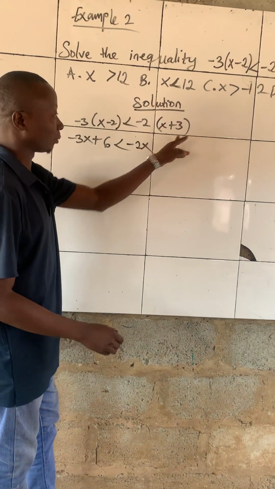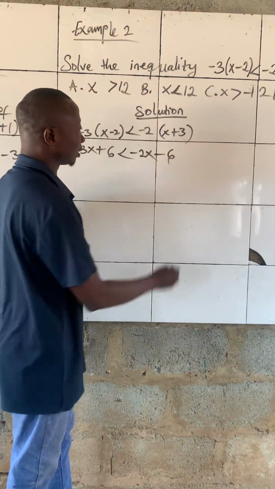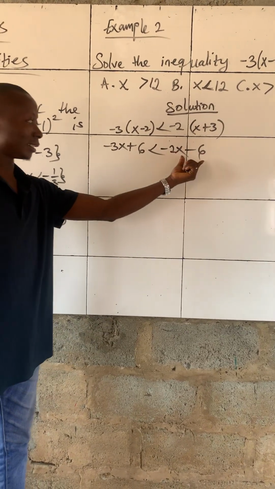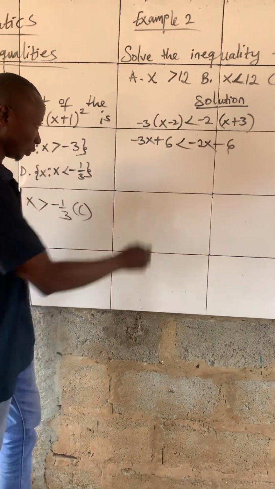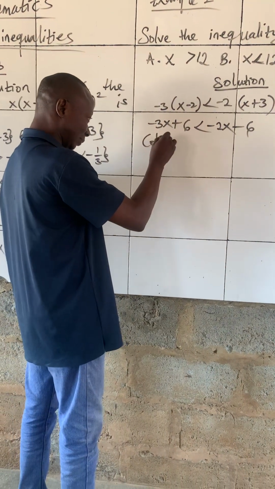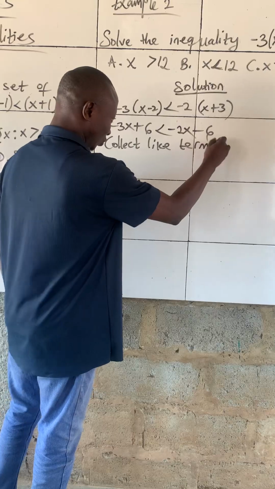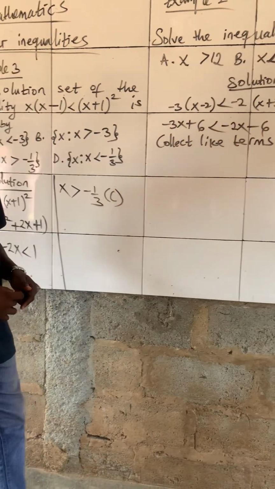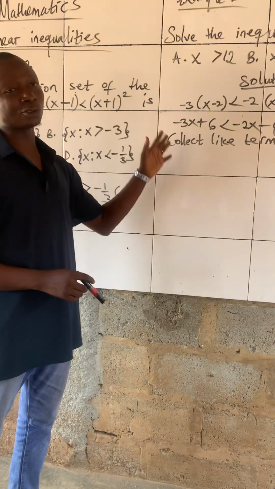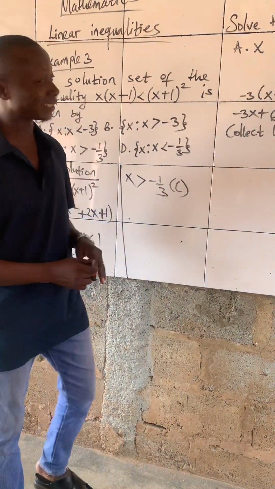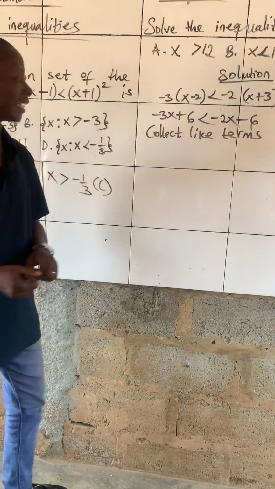Then -2 times plus 3 is -6. So we cannot add or subtract these, and we need to collect like terms together. Don't forget the hint I gave, which is to always bring the unknown to the LHS, that is the left-hand side.